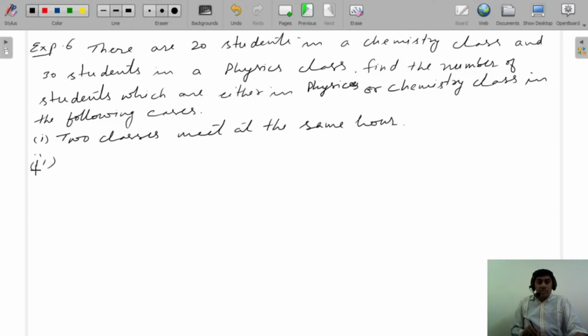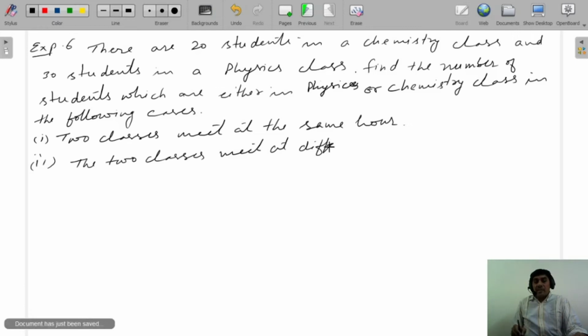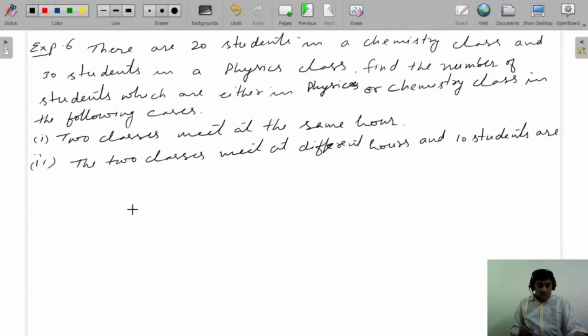Second, the two classes meet at different hours and 10 students are in both the courses.